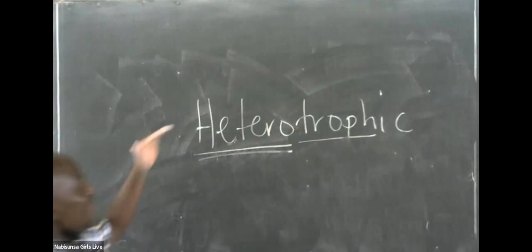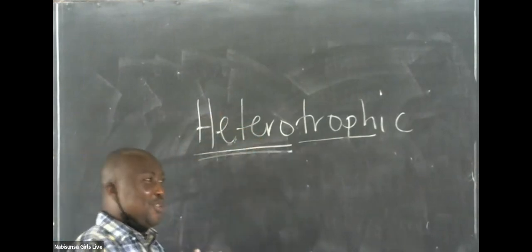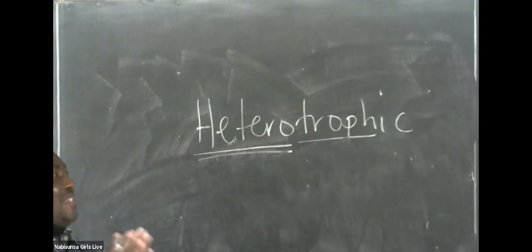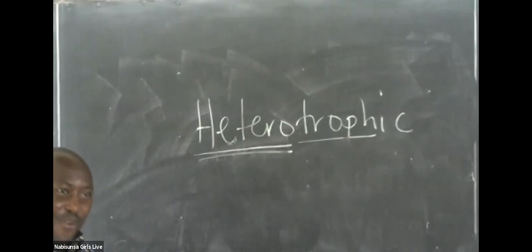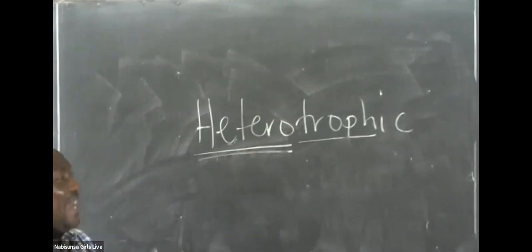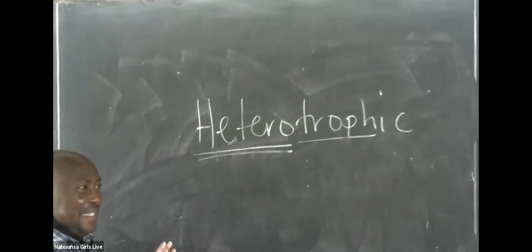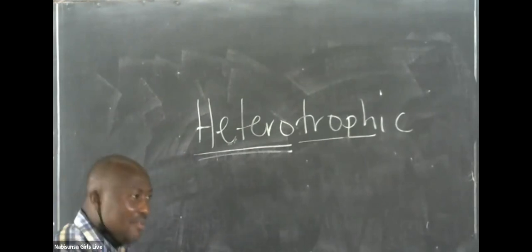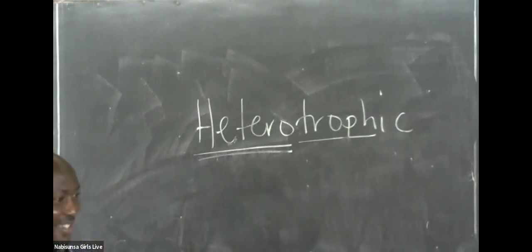Now, we shall see that heterotrophic nutrition can be subdivided in very many forms. Those organisms which depend on already made food can be subdivided. But when we are dividing it, we depend on the mode, how they obtain, and what they obtain sometimes.